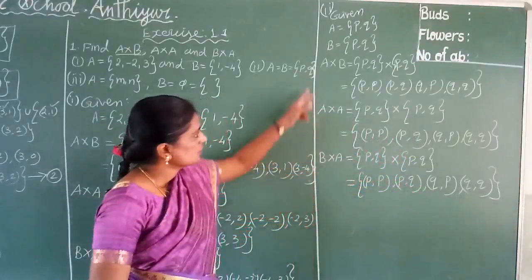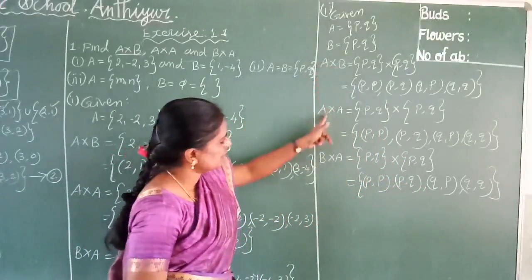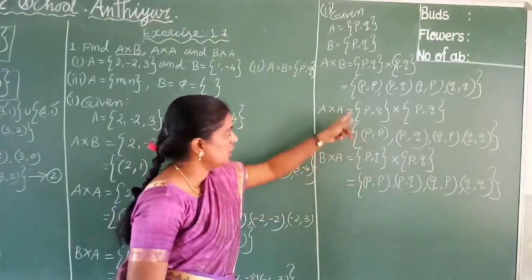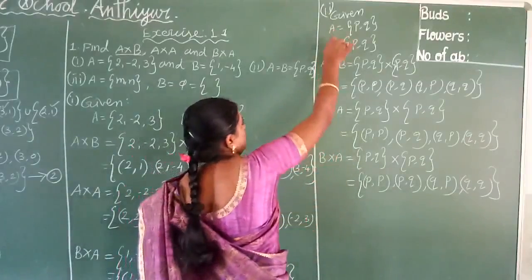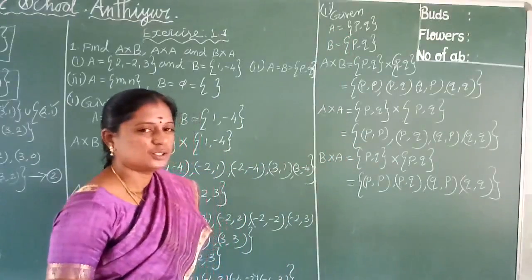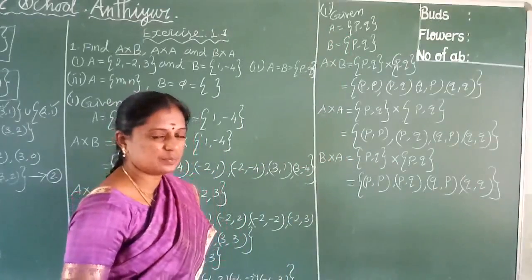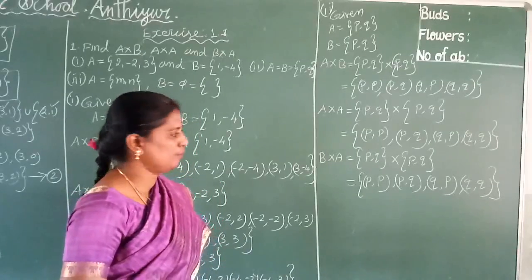Is it clear? So see that the A cross B answer, A cross A answer, and B cross A answer, are they all the same or different? Same. Why? Because both sets are equal. So only at that time are the A cross B and B cross A answers the same.